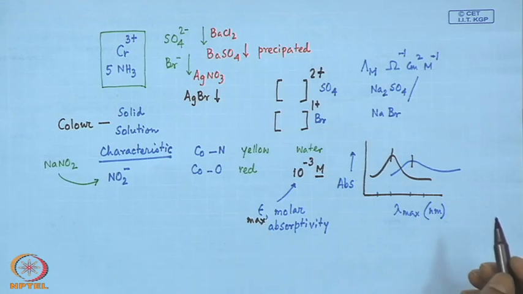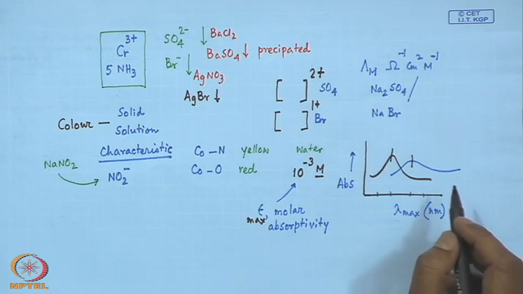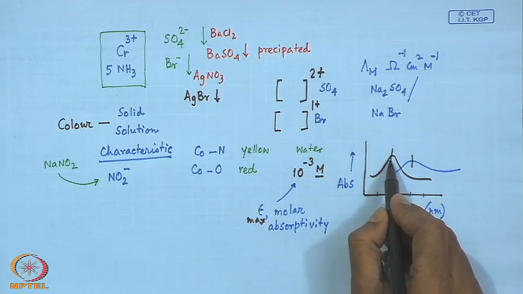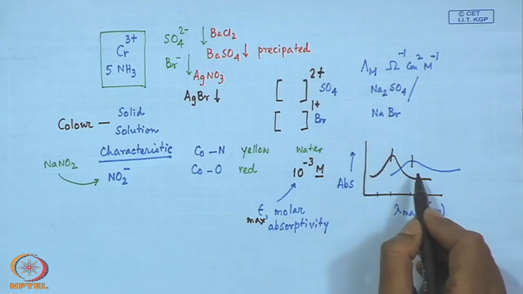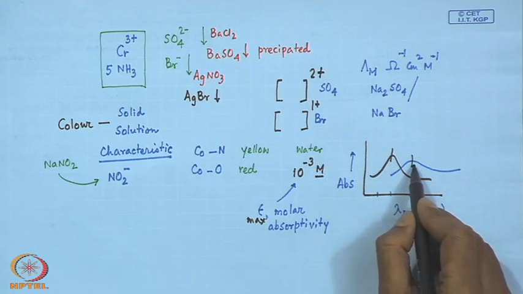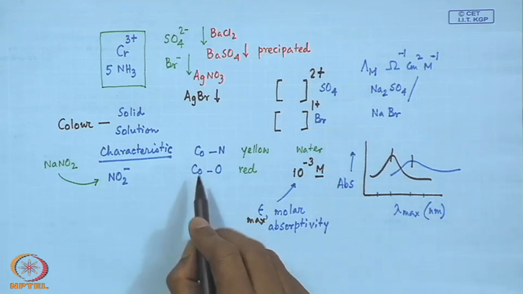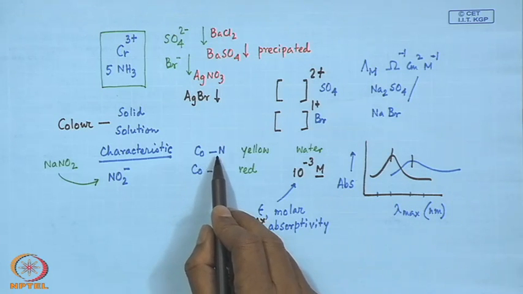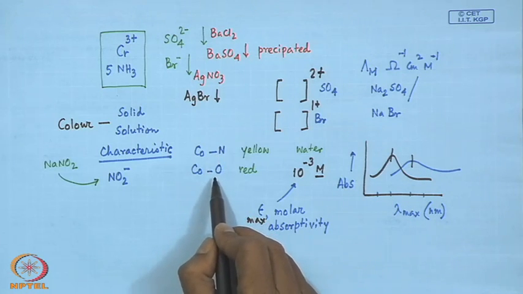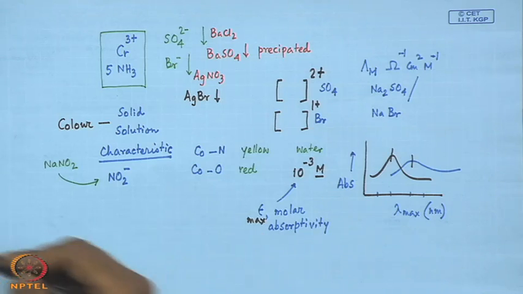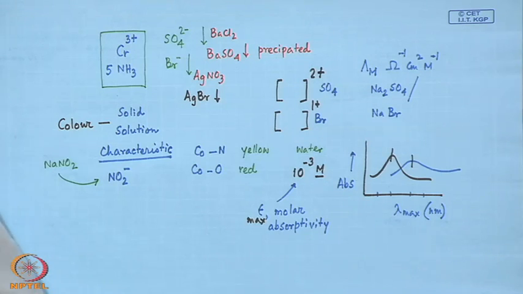That means the molar absorptivity at this particular wavelength, and in the second case also the epsilon value at this particular maximum absorption. So, these two values can definitely characterize whether we have a compound which is nitrogen bound or bound through oxygen.